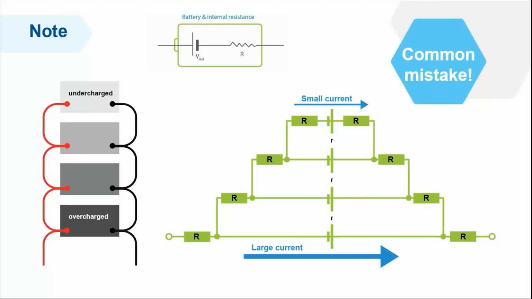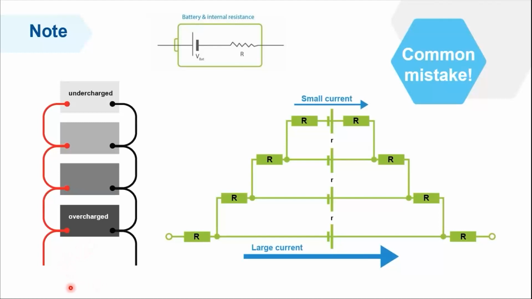So we have covered this in the previous webinar, but I think it's worth mentioning it again here. So we see this a lot in the field, and this is the source of, let's say, damage to a lot of batteries. What happens here? Why is this wrong?